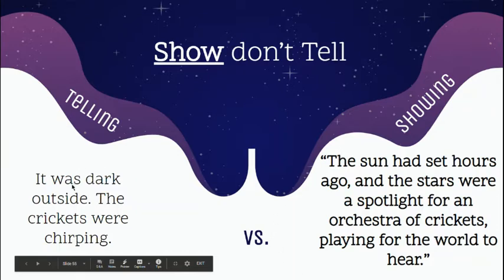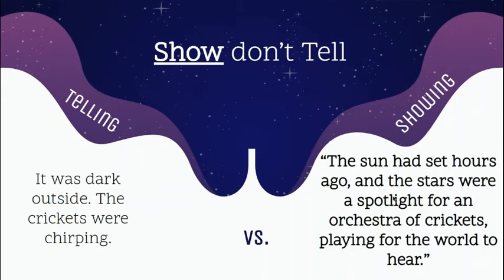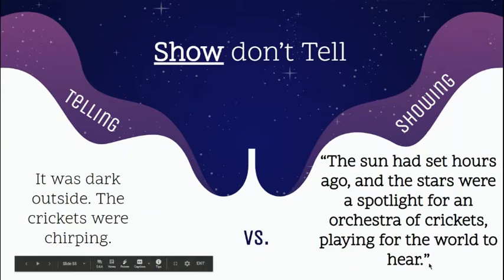So instead of saying it was dark outside, the crickets were chirping, I said the sun had set hours ago and the stars were a spotlight for an orchestra of crickets playing for the world to hear. I didn't tell you it was dark, but these little clues, the sun had set hours ago and there were stars out, tell me that it's dark.